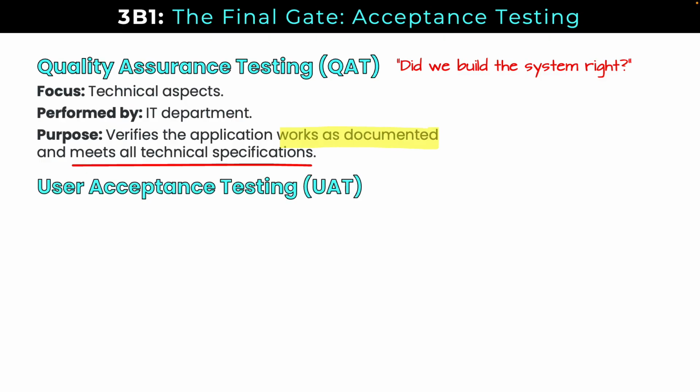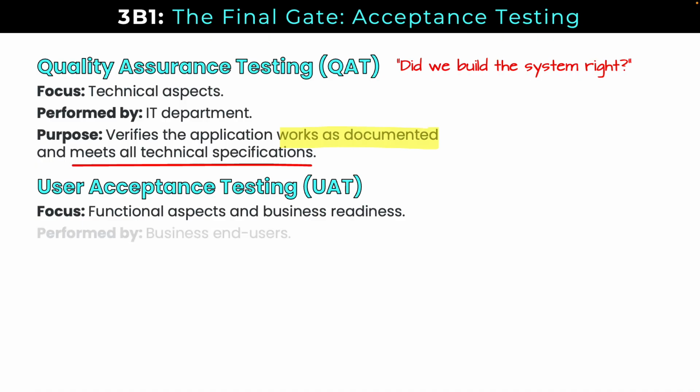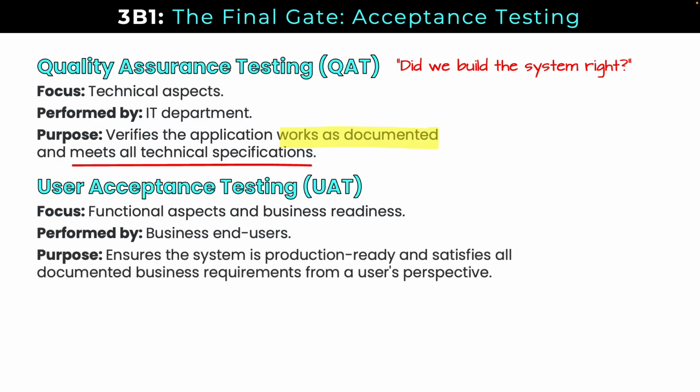And then we have user acceptance testing, which covers the functional aspects and the business readiness of the application. This is going to be performed by business end users or their test-focused delegates. It ensures the system is production ready and satisfies all documented business requirements from a user's perspective.